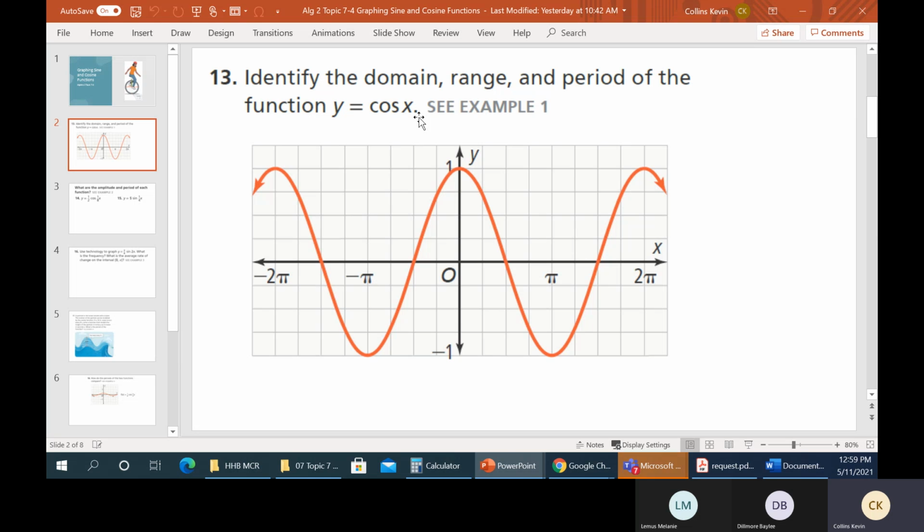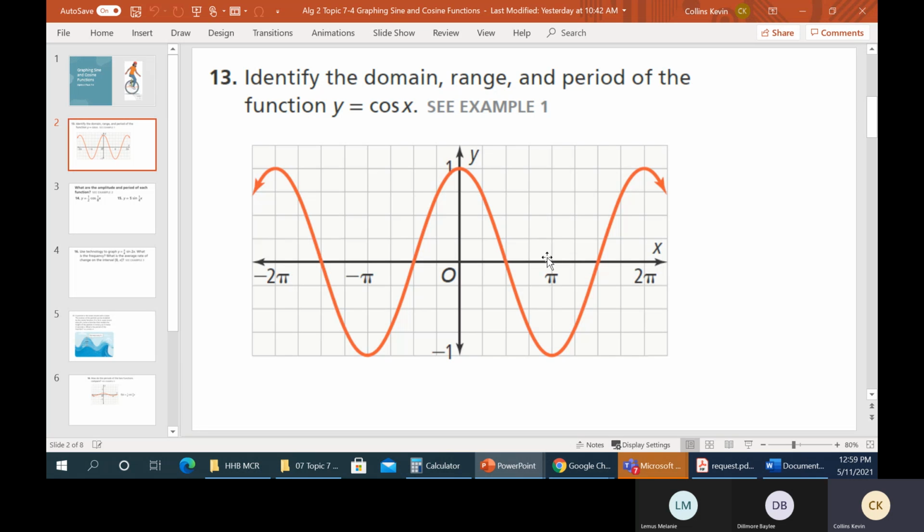Nope. Good. Do we have an x in the bottom of a fraction? So do we have an x as a denominator in a fraction? No. If you can say no to both those questions, your domain is all real numbers. So any x value here is going to work.